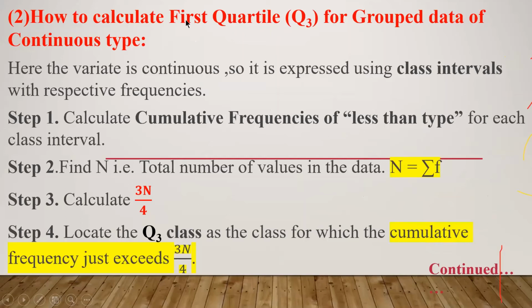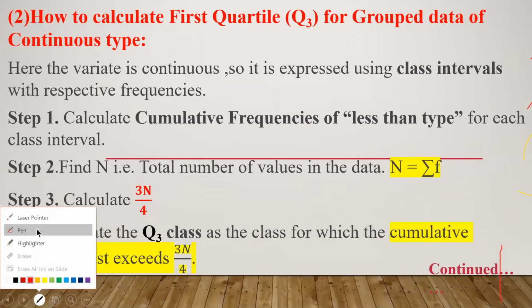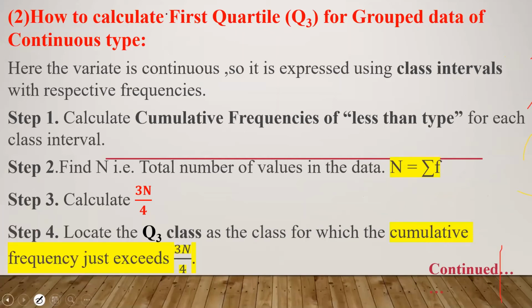It's not first quartile, it is third quartile. Let me make the correction here. It is by mistake, so make a correction. This is not first quartile, it is third quartile, Q3. It is not copy paste that the mistake has happened. So this is how to calculate the third quartile, that is Q3.